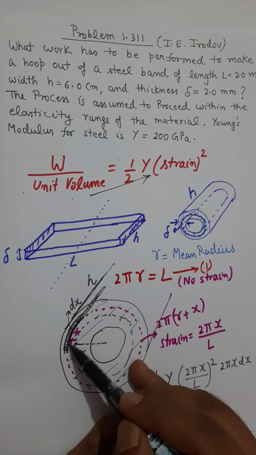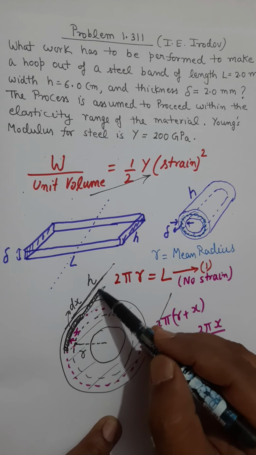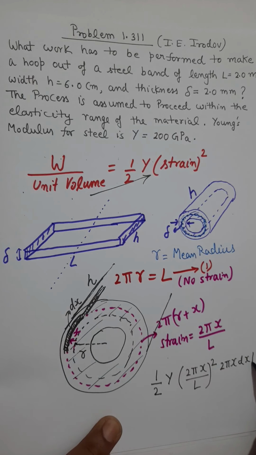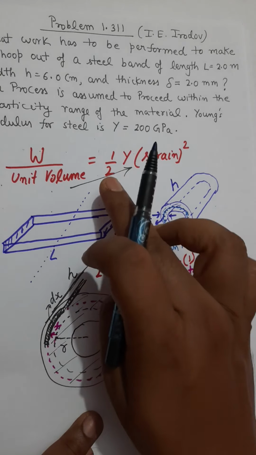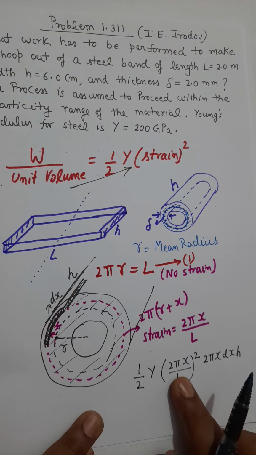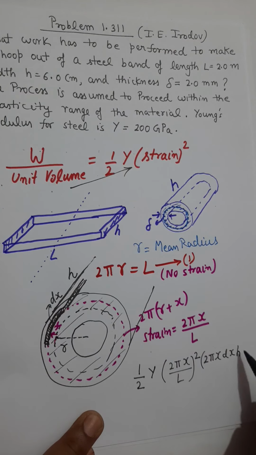So this area, which is 2 pi x dx, is now multiplied by this length h for the volume part. So it is 1 by 2 strain square into Young's modulus, and then the differential volume portion.